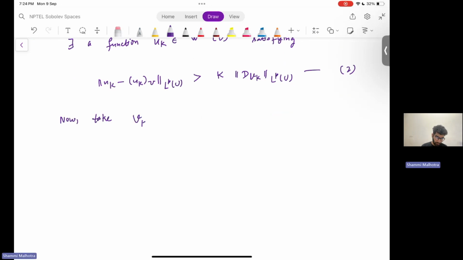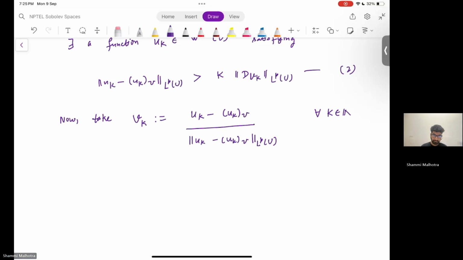So now define v_k to be u_k minus its average, whole divided by the L^p(U) norm of u_k minus its average. Since this norm is strictly greater than zero, I can divide by it. I do this for all k.